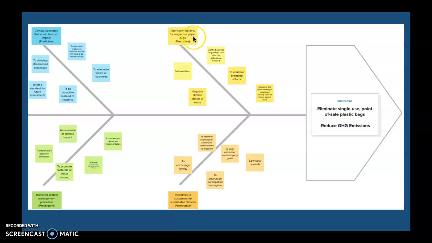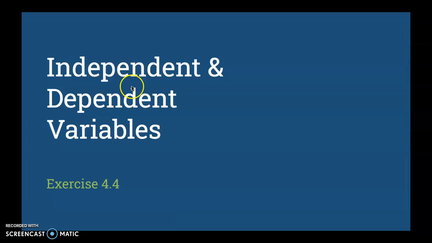Alternative options for single-use paper bags, and the 2 prescriptive are improved climate management processes and incentives to customers for sustainable choices. At the head of the fishbone template, we can see the problem and what we're trying to do. We're trying to eliminate single-use point-of-sale plastic bags and reduce GHG emissions.